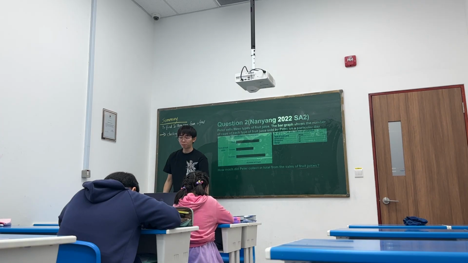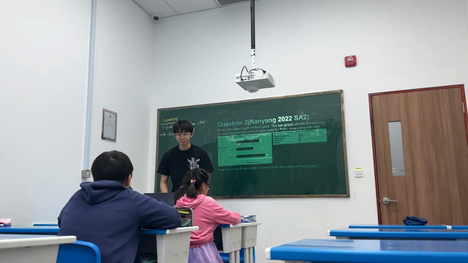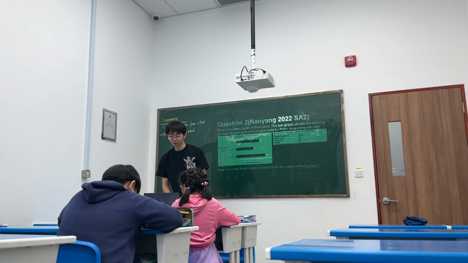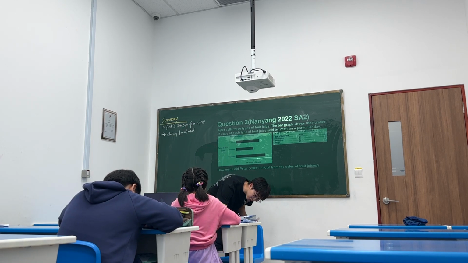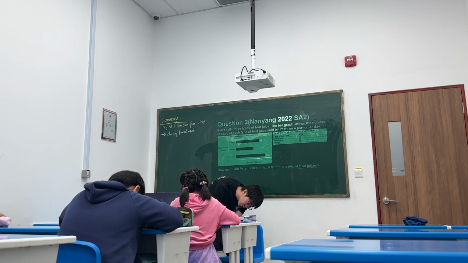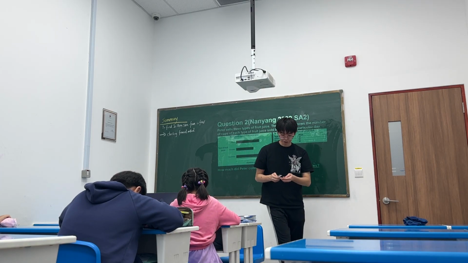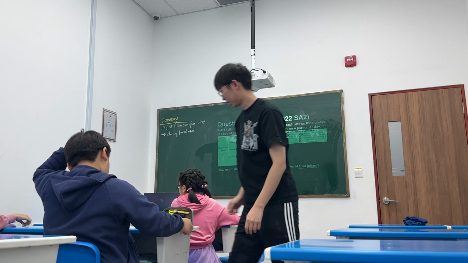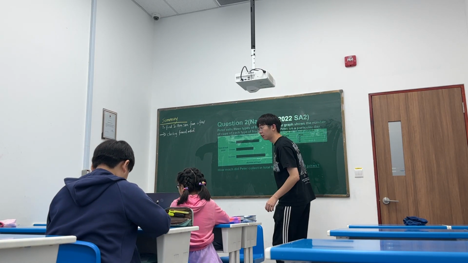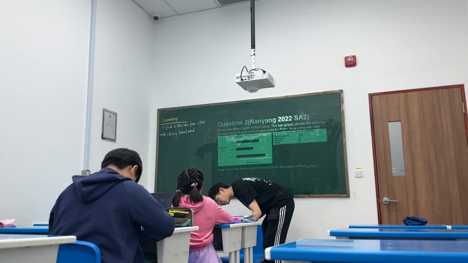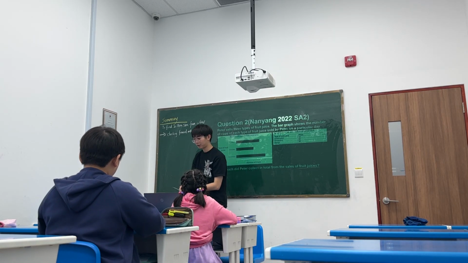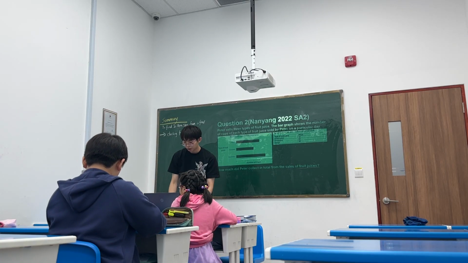By the way, did you all bring your ruler? Did you all have a ruler? No? You have one? Alright, because later you're going to use a ruler, alright? So now let me use the two rulers. Oh no, let me give another one. There we go. Later we're going to use this ruler.